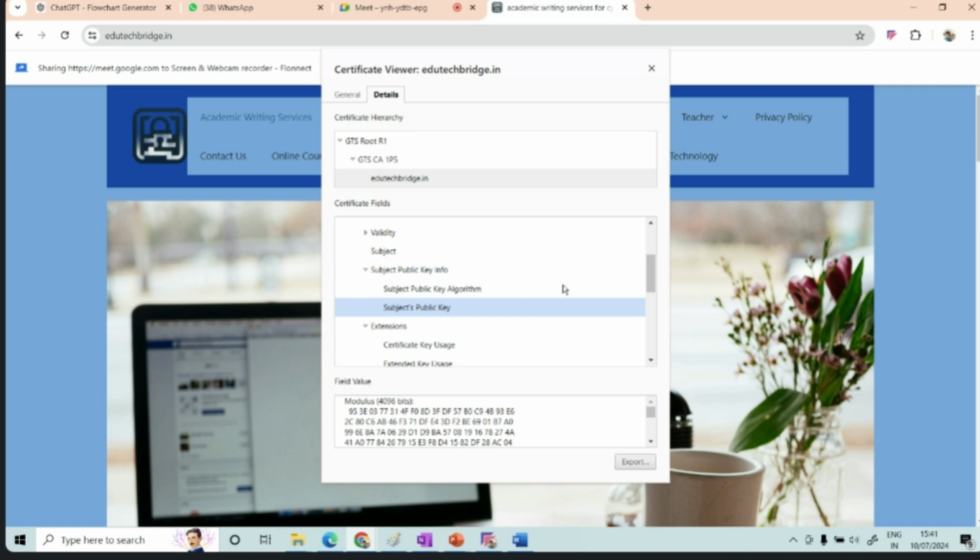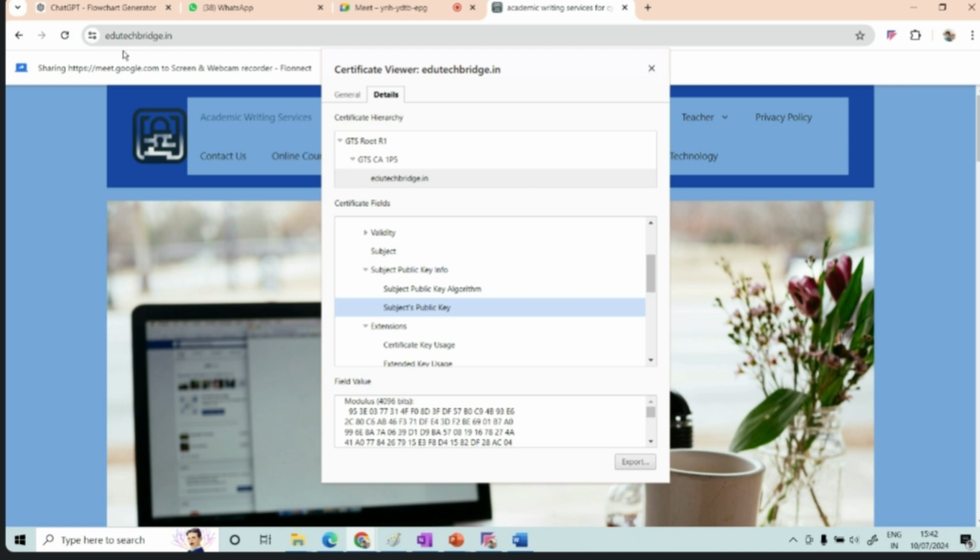I am showing all this because we are discussing the certification authority, and how it provides a certificate to an entity. The certification authority is the entity that issues the certificate; here, in the case of websites, they are issuing certificates to websites.